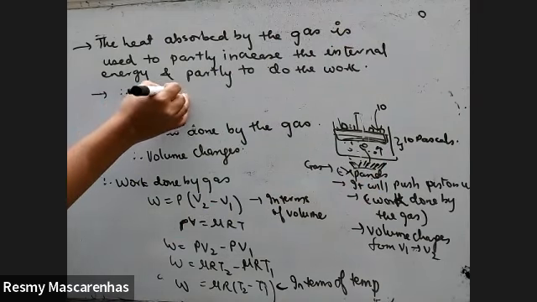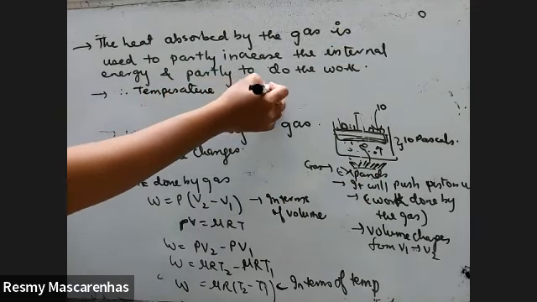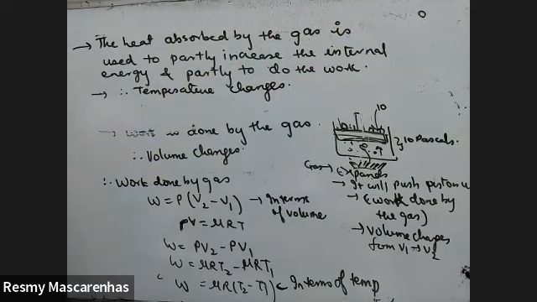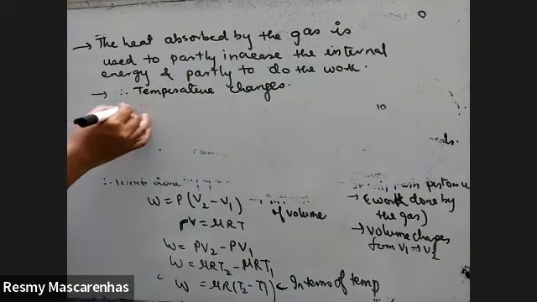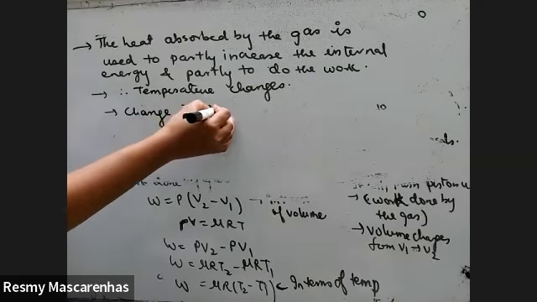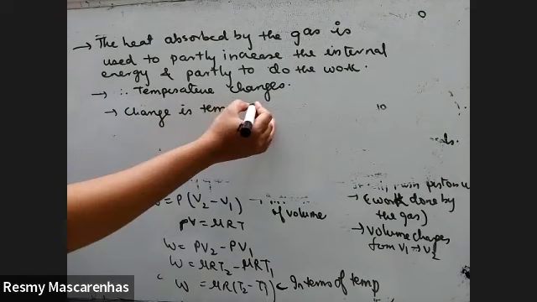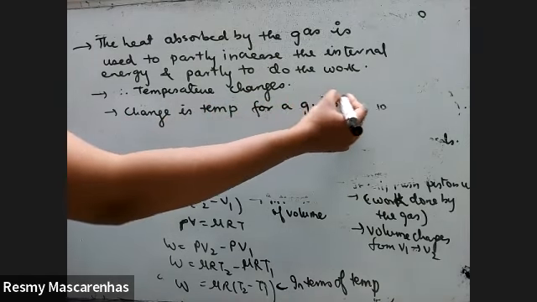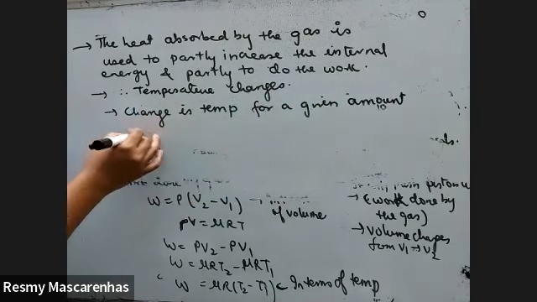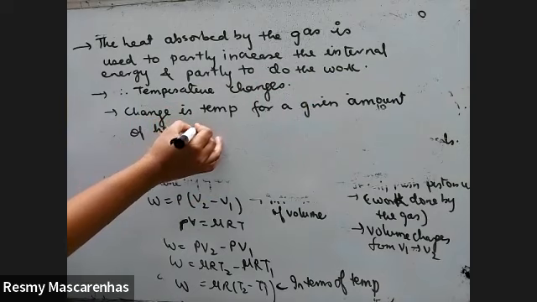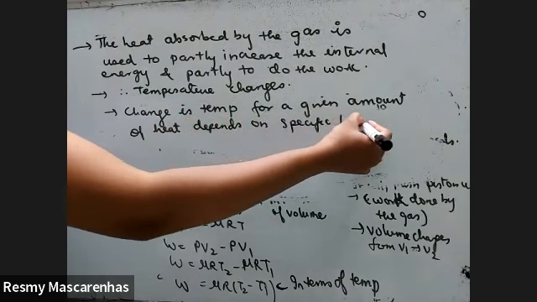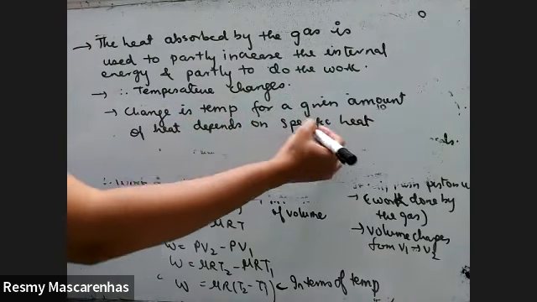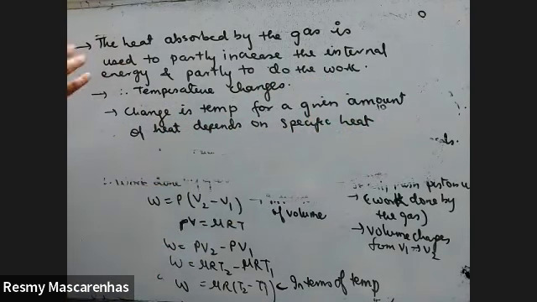Therefore, the temperature changes. And how much change takes place for a given amount of heat depends on the capacity of the gas, how much heat the gas can take.